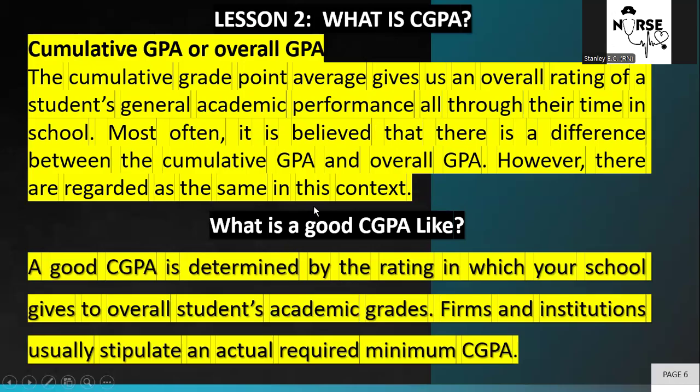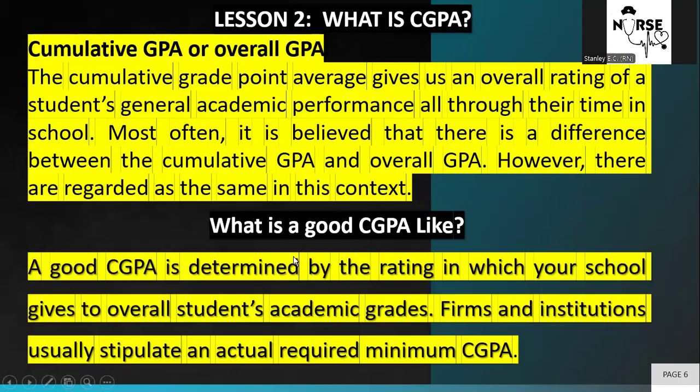For schools abroad, from my research, I have found that they require a CGPA of at least 2.5. And basically, at that 2.5, you may hardly find schools that may take you for your studies.